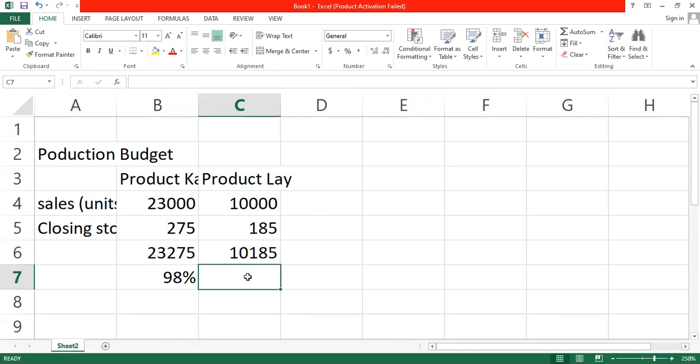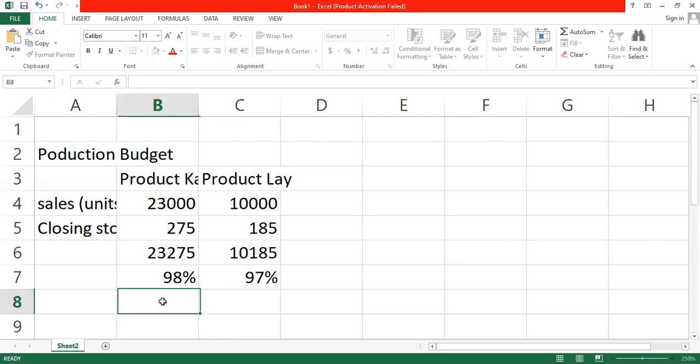So the actual question is, what was the total goods produced? What is the total production level now? We just divide 23,275 and 10,185 by the representative rate of each.